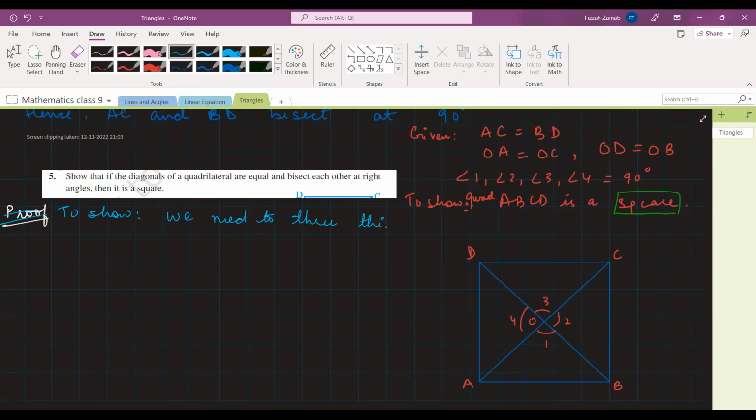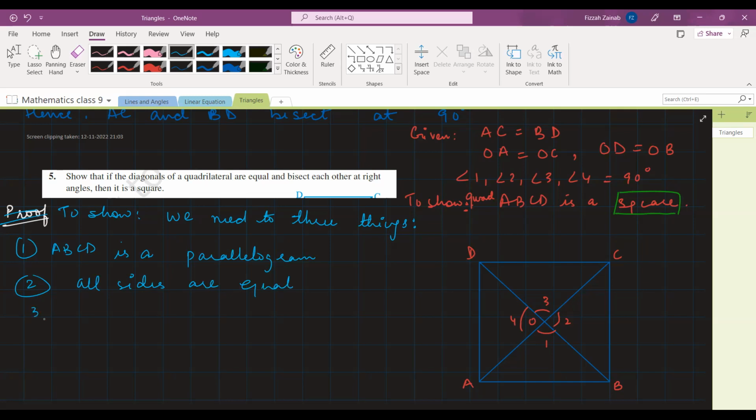This will help you remember. First, that ABCD is a parallelogram. Second, to make it a square, all sides are equal.